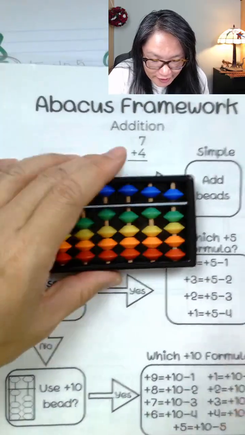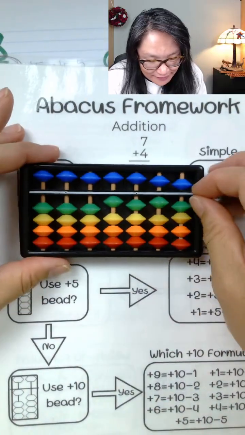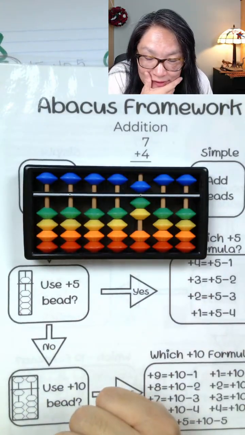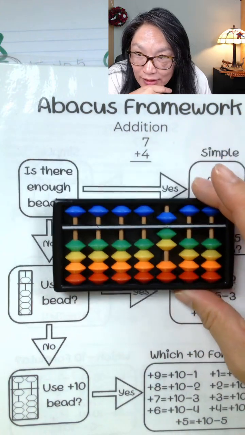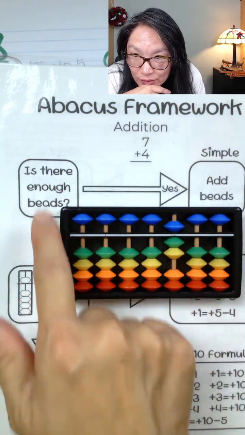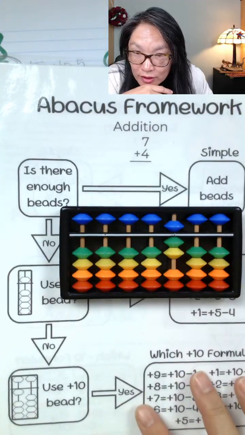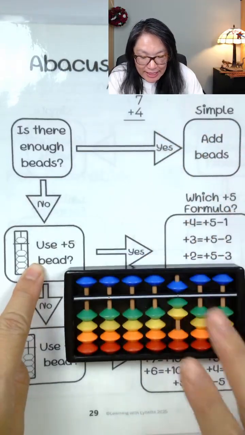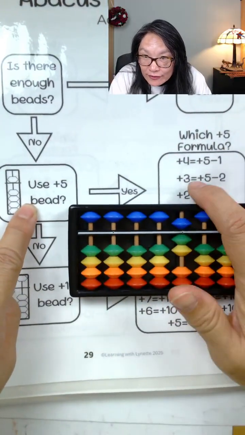Now, if you look, here is 7. So we add 7. We want to add the 4. Can we add the 4? Yes or no? No, we cannot add the 4. Can I add the 5?